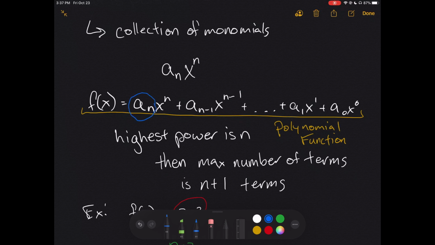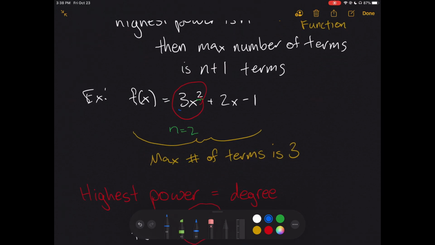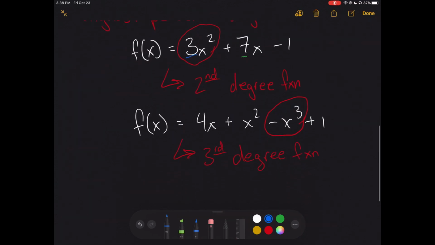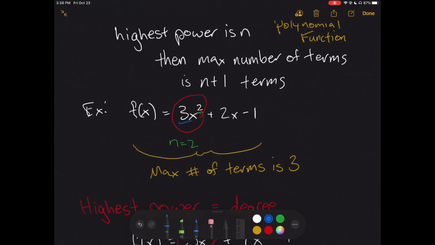All right. So next thing we want to talk about is the leading coefficient. The leading coefficient is the coefficient that's attached to our highest degree term. So I find the highest power or the highest degree term, and I find the leading coefficient. For example, in this negative x cubed, that negative 1 is going to be our leading coefficient, and that determines things like, remember when we had our a term out front of a quadratic, that would determine whether it was opening up or down.